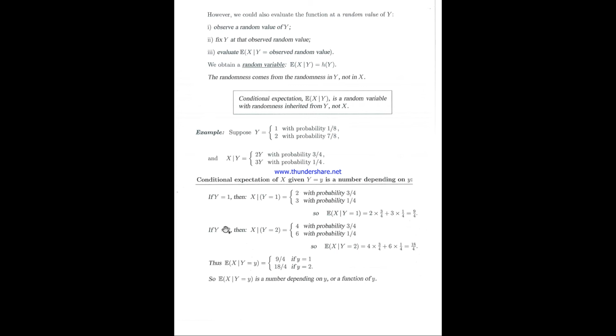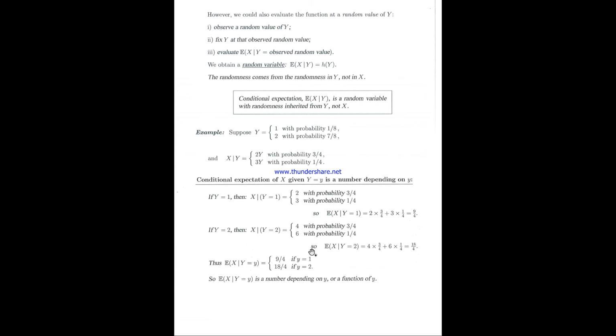Let's see what will happen when y is equal to 2. When you take the conditional distribution function and substitute 2 here, that is 2 into 2, 4, probability is the same, 3 over 4, and 3 into 2 is 6, probability is the same, 1 over 4.